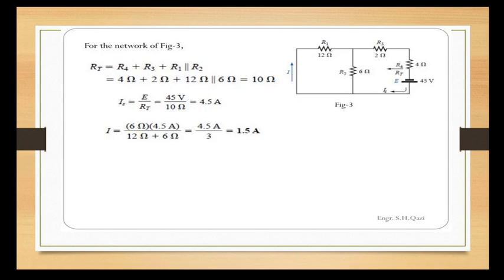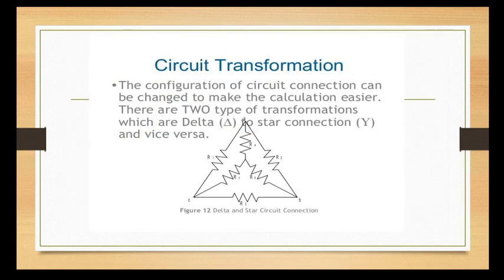Now we can move on to our circuit transformation. Why are we using these circuit transformations? To make the calculations easier. There are two types of transformations: delta to star connection and star to delta connection. See here, R1, R2 and R3 are connected along the sides of a triangle.